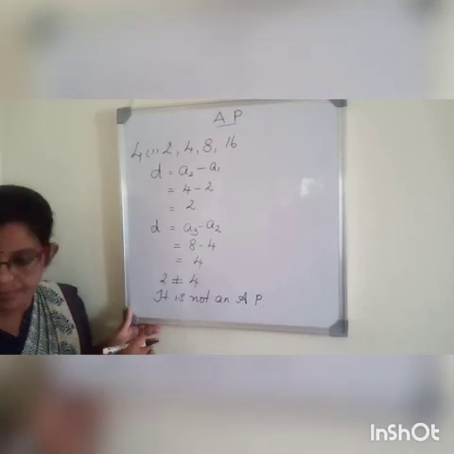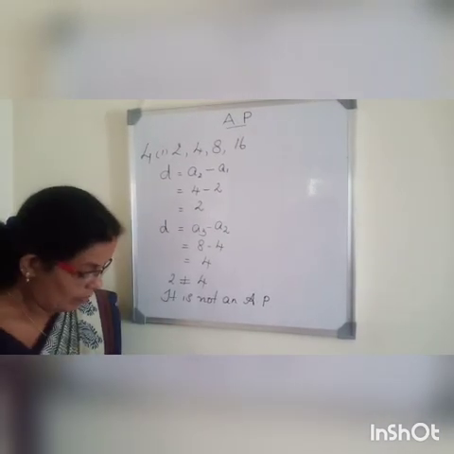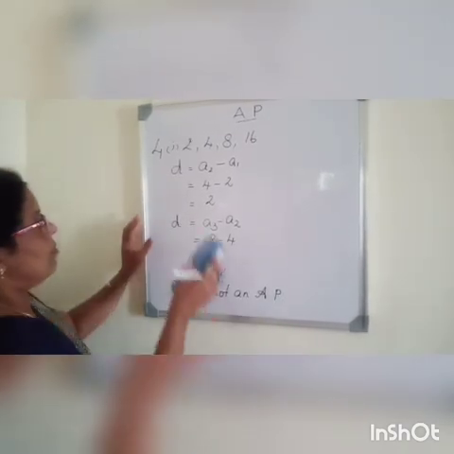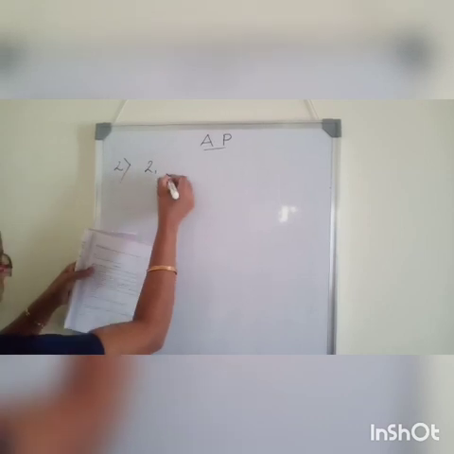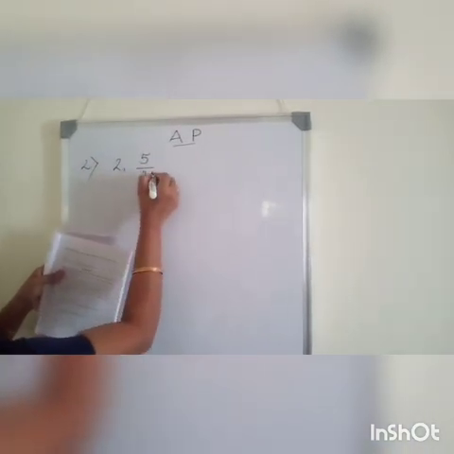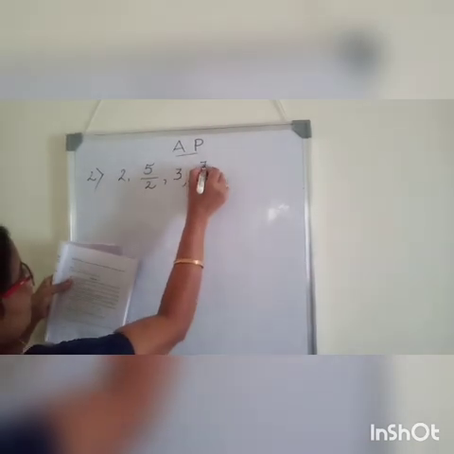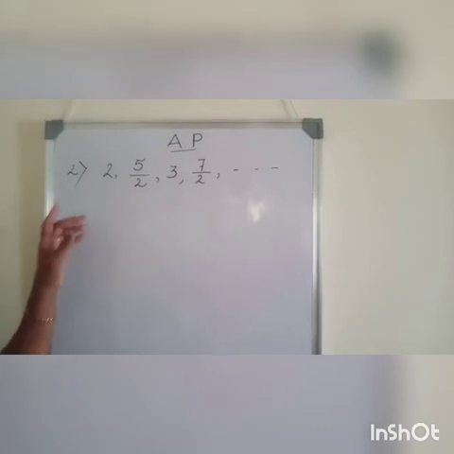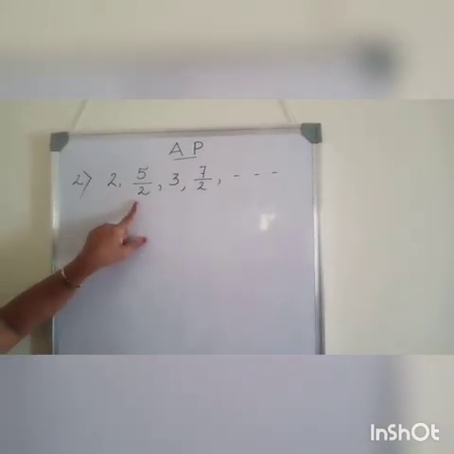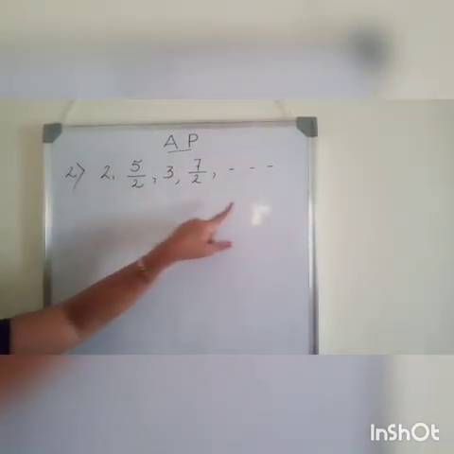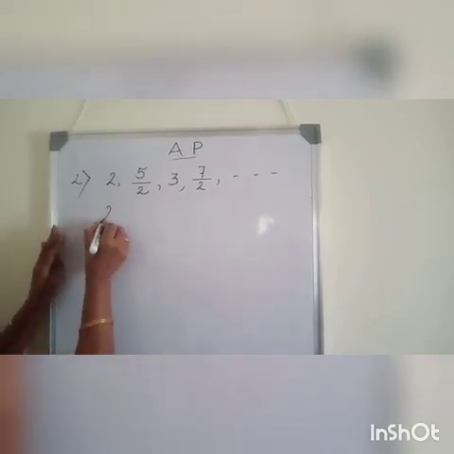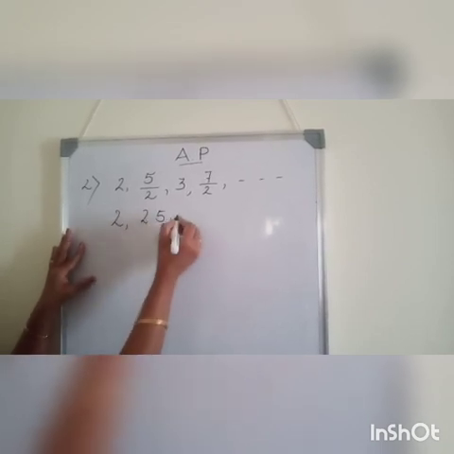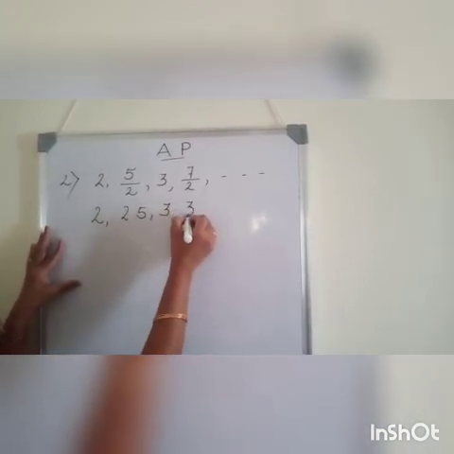The next sum. Second one. The second question is 2, 5 by 2, 3, 7 by 2, etc. So here once again let me write this as 2. All of you know that 5 by 2 is 2.5. Again 3, 7 by 2 is 3.5.